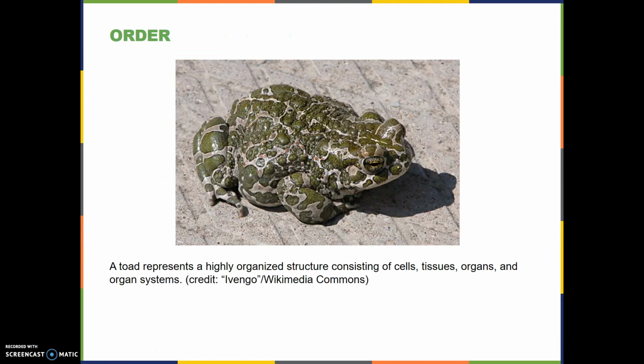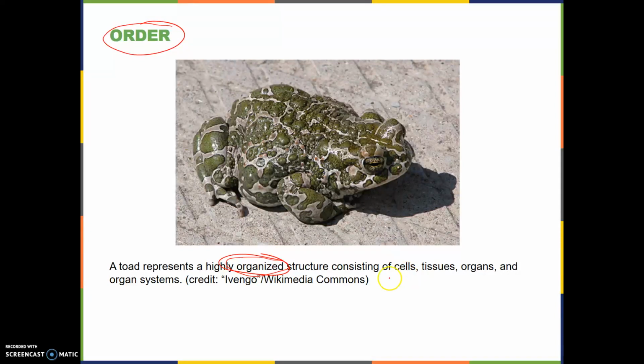And this is just the most beautiful toad I have ever seen, I think. But it definitely looks like it would give you warts if you touched it. It looks like it's covered with warts. But it's an example of a living thing, and all living things are organized. They have an organized structure.